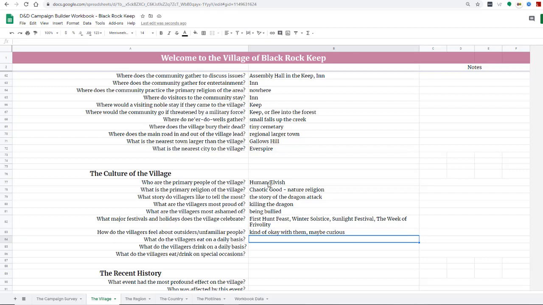What do the villagers eat on a daily basis? And this is going to be pretty simple. Meat and gruel. What do the villagers drink on a daily basis? They have some of that sweet, sweet creek water. But what do villagers eat and drink on special occasions?